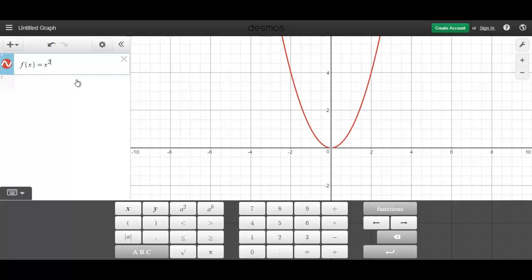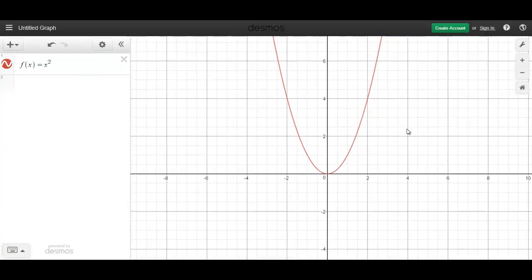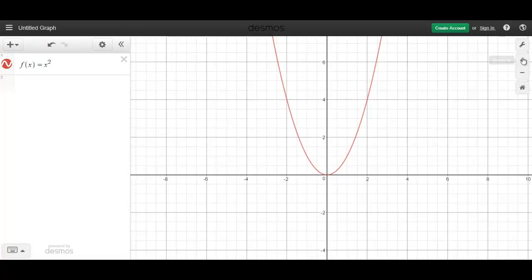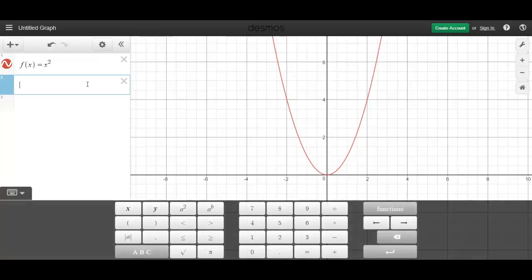Of course, it's a parabola with the vertex at (0, 0). We all know that, so that makes sense. Okay, what else? The point P was (1, 1), right? So just type it in with the regular notation: (1, 1). So there is that point.